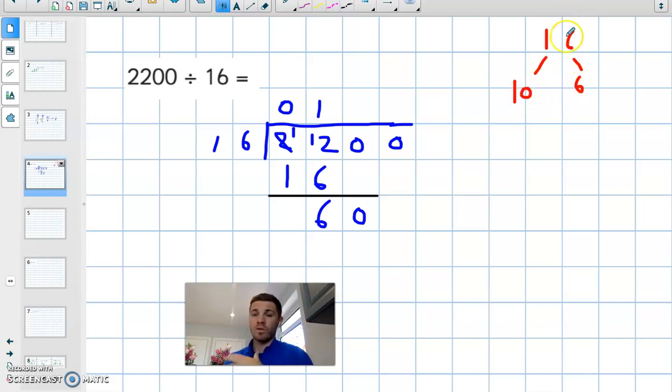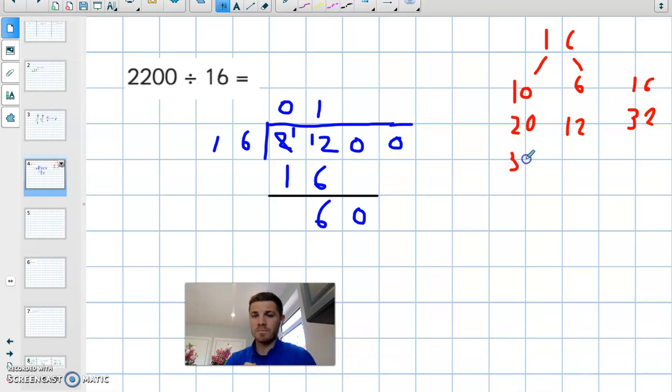So once I've partitioned it, I can then add together, and 1 times 16 is 10 and 6, which is obviously 16. Okay, so again, I go up in another 10 here, and I go up with another 6 here. Then I add 20 and 12 together, which gives me 32, and that's 2 times 16.